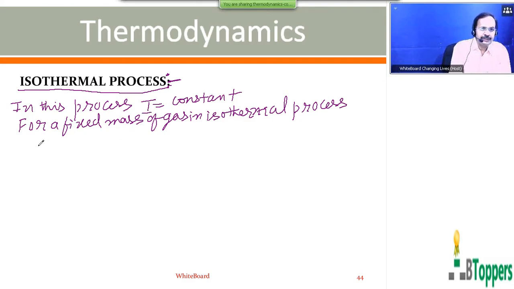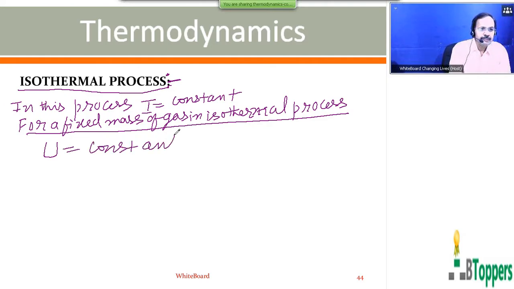If the temperature is constant for a fixed mass of an ideal gas in an isothermal process, we can say that internal energy remains constant, or dU is 0, or the change in the internal energy of the gas will be 0.